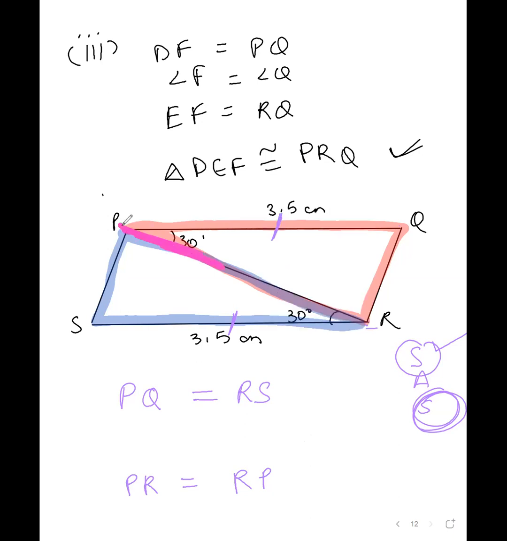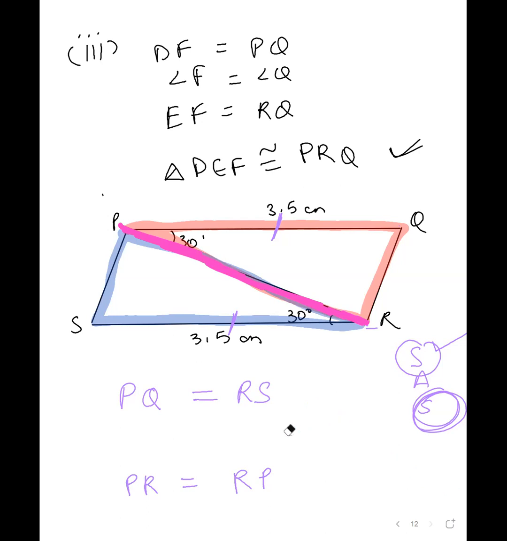Just look at this line segment, PR. Is it equal to itself or not? Yes. Everything is equal to itself, right? 5 is equal to 5, 10 is equal to 10. So over here it says P, here it says R. So you say PR or you say RP, same thing. So PR is equal to RP. That's why we've written it like this.